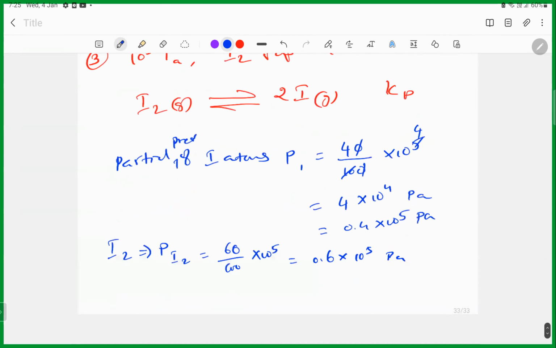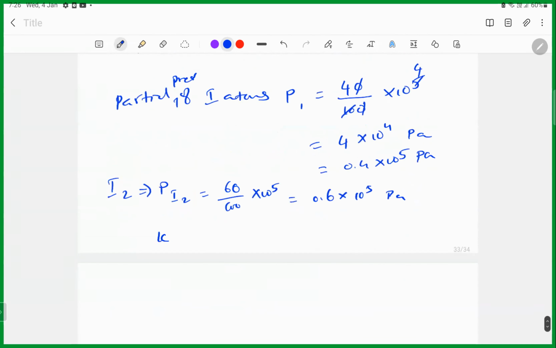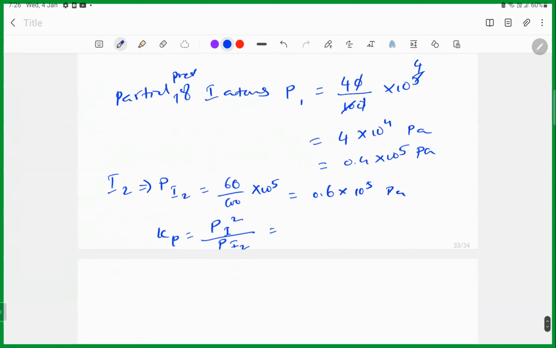So Kp is equal to the partial pressure of iodine squared divided by P of I2. In the equilibrium it is 2I, so P of I becomes 0.4 into 10 power 5, squared, divided by 0.6 into 10 power 5.